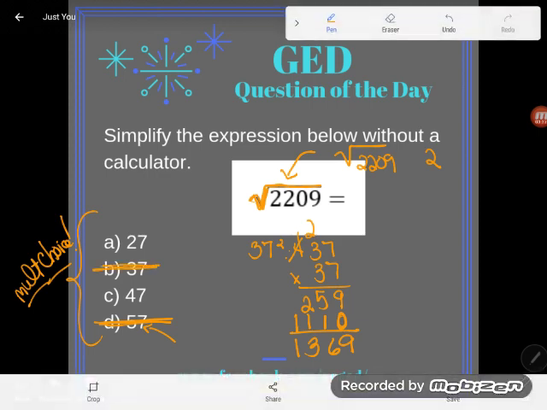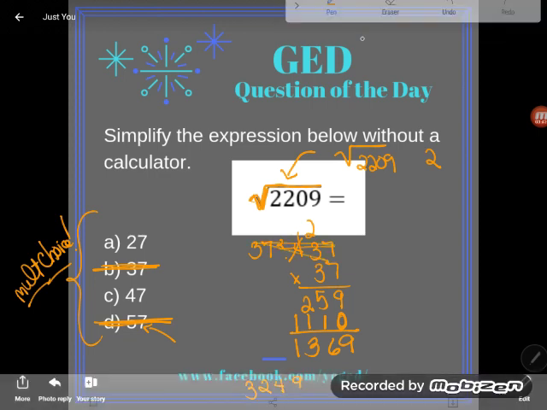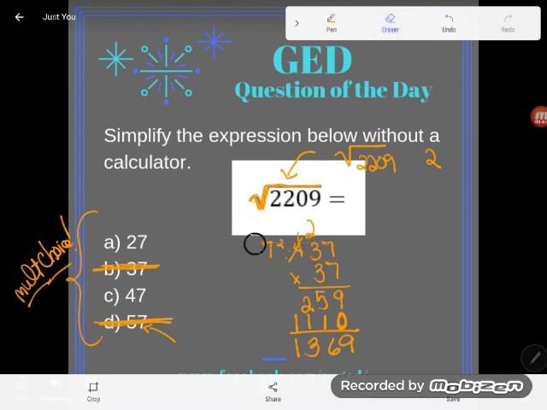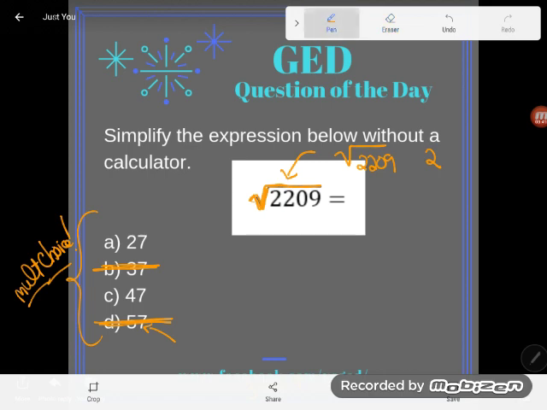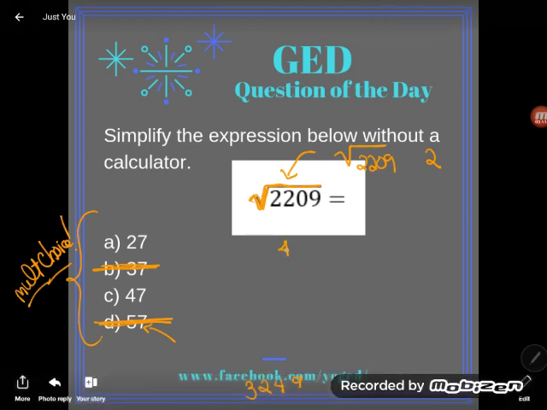Well, guess what? If 57 is too big and 37 is too small, I'm going to guess it's 47. But once again, I am not going to guess that without checking. I've seen you guys make multiplication errors all the time, so I'm fairly certain it's 47, but let's make sure we're right. 47 times 47. Well, 7 times 7 is 49.